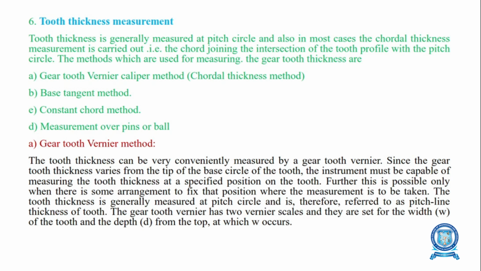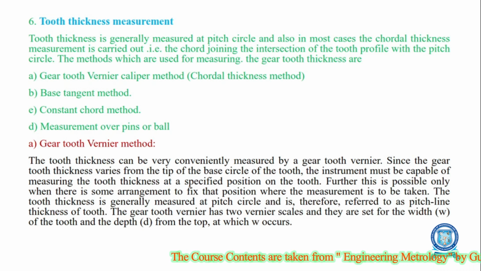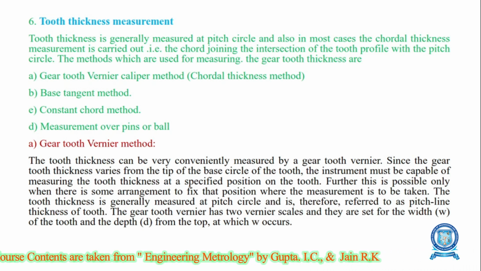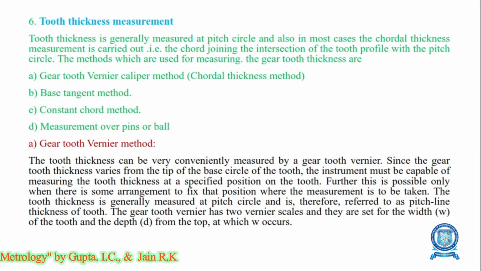The next one is tooth thickness measurement. By this method, we can measure the thickness of the gear tooth. Tooth thickness is generally measured at the pitch circle, and it is defined as the length of an arc. It is difficult to measure tooth thickness directly, so the chordal thickness measurement is carried out, using the chord joining the intersections of the tooth profile with the pitch circle.